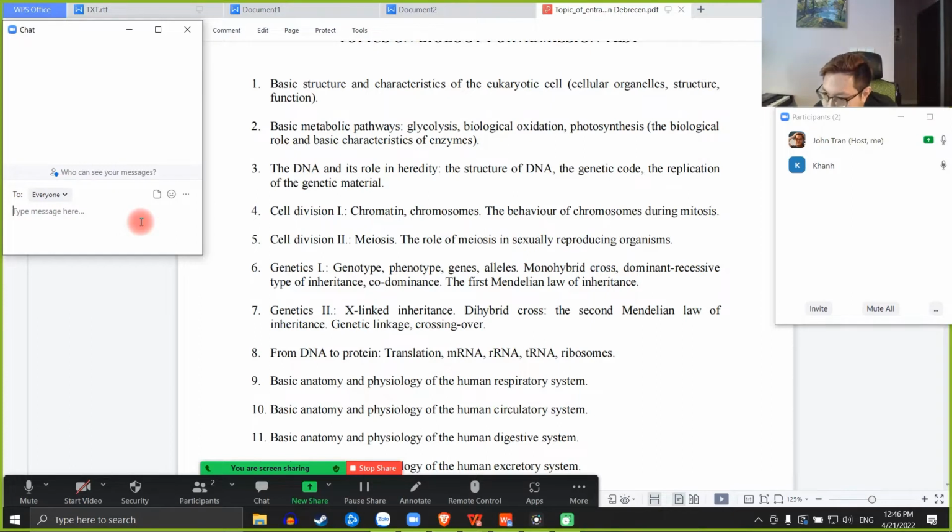Dihybrid cross is the inheritance of two characteristics or traits. For example, when they study pea plants, there are plants that have tall height and purple color, which are more dominant than short height and white flower.